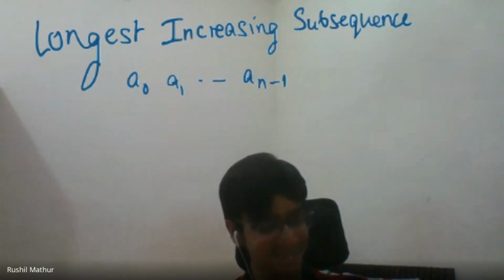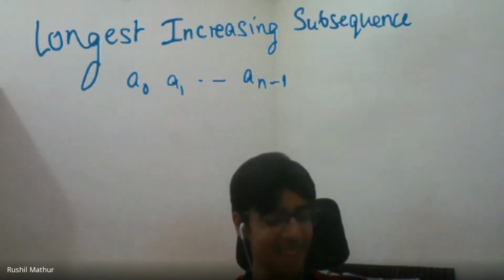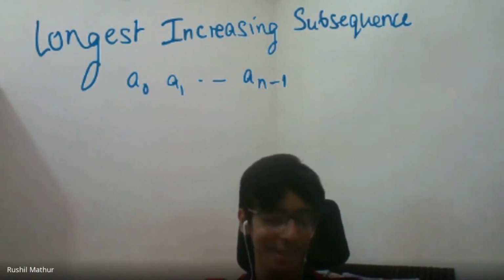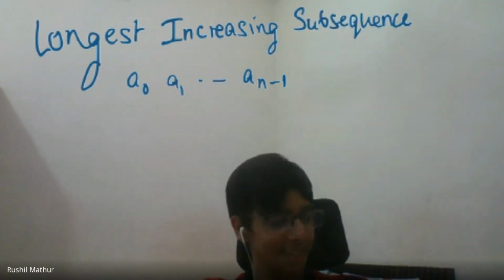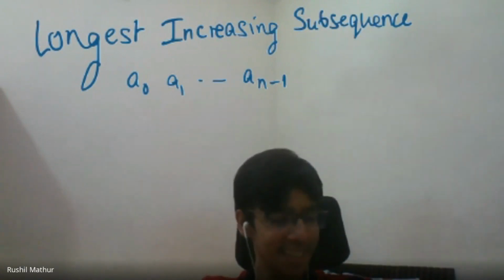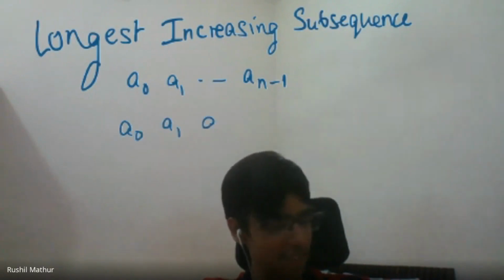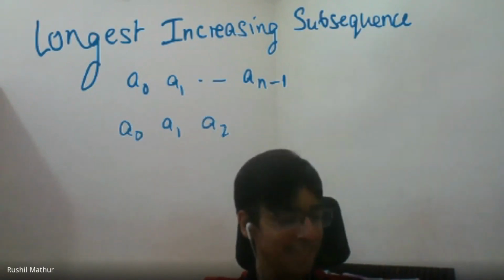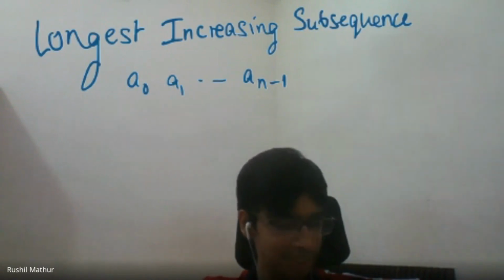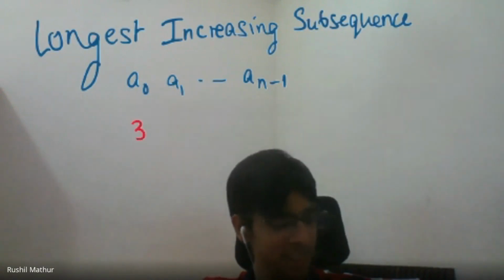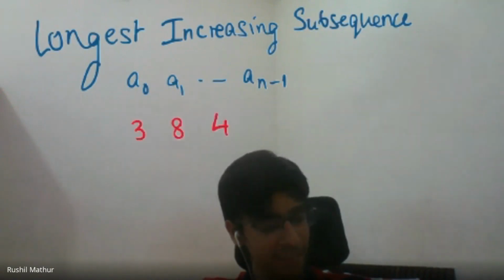So A0 to AN minus 1, and let's say n is like 6 or something. So you have A0, A1, A2. In fact, I'll just give you real numbers for the sake of it: 3, 8, 4, 6, 5, 2, 9.